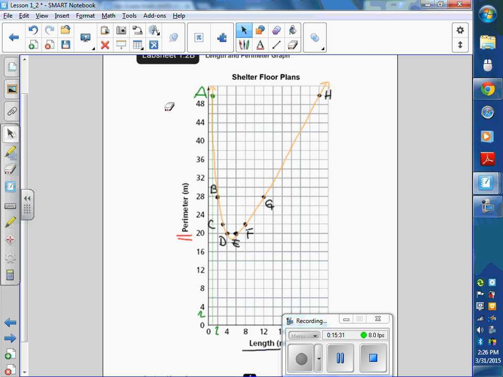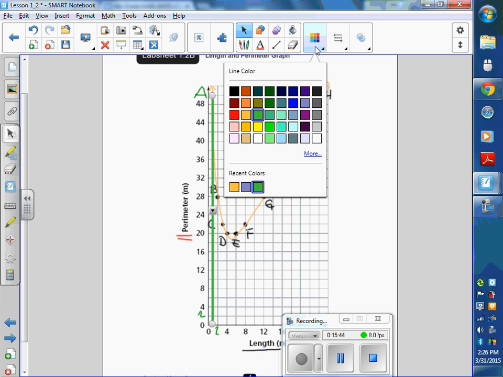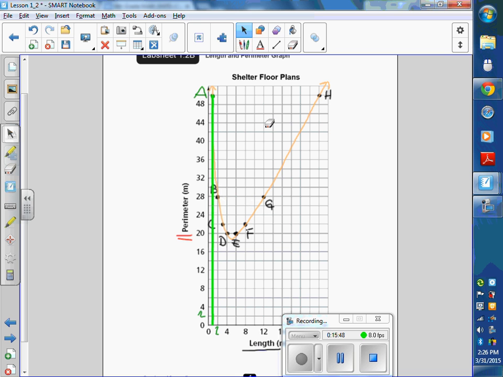I would drop that vertical line down. Can you see that very well? Not at all. So thicker, not dotted, pretty bright. How about that? It's a little thick, but for you guys, now you can see the length is 1. Do you see that? So even without the rectangle, you should be able to read the dot and then project down and tell me what the length is.